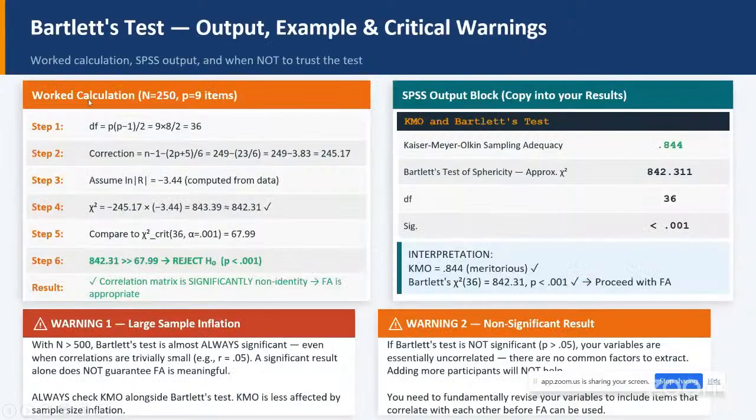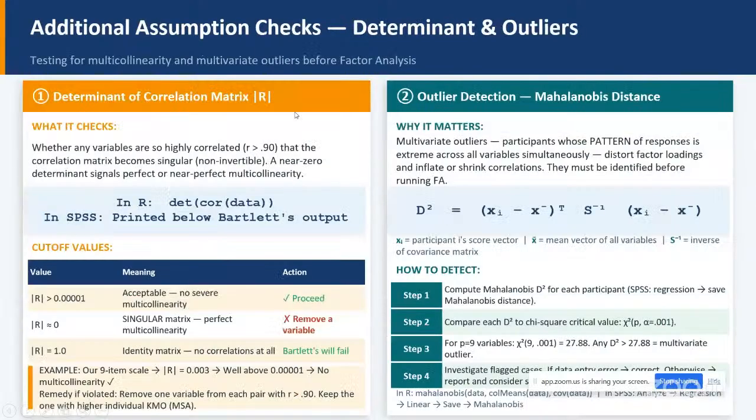So yes, these are the steps. We don't need to do all those steps manually, just some codes in Jamovi can perform this. Additional check for outliers: as I have told, if we have outliers in the data, we can't deal with that data.